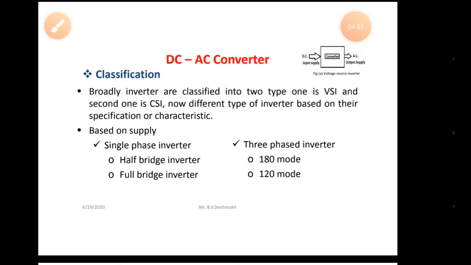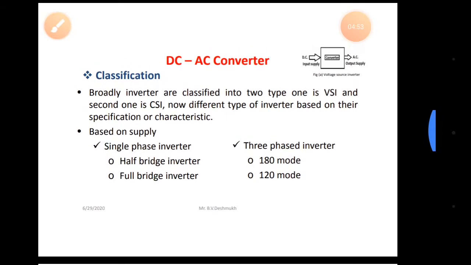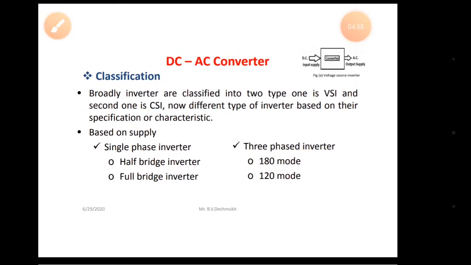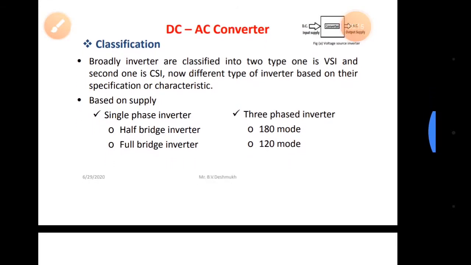Based on the supply, inverters are of two types: single phase inverter and three phase inverter. The single phase inverter is further classified into two types, half bridge inverter and full bridge inverter. The three phase inverter is further classified into two types, 180 degree mode operation and 120 degree mode operation three phase inverters.